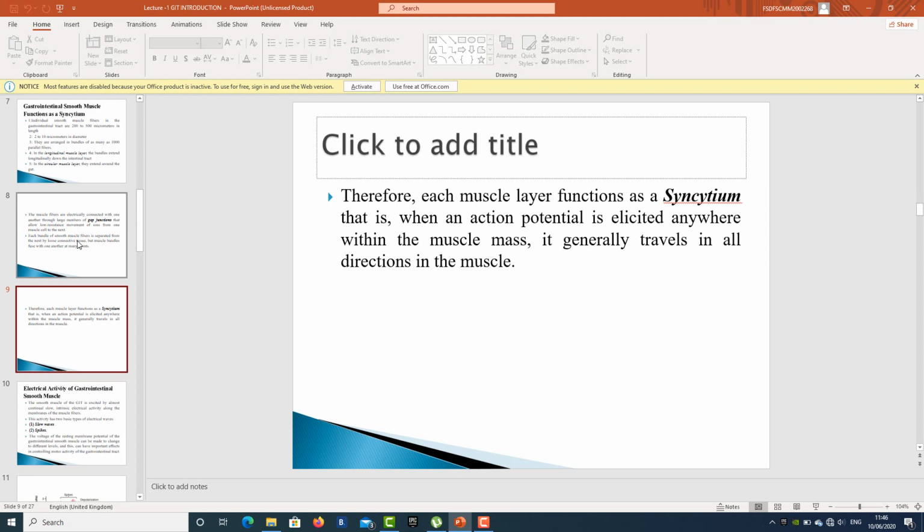Therefore, each muscle layer functions as a syncytium. That is, when an action potential is elicited anywhere within the muscle mass, it generally travels in all directions in the muscle.